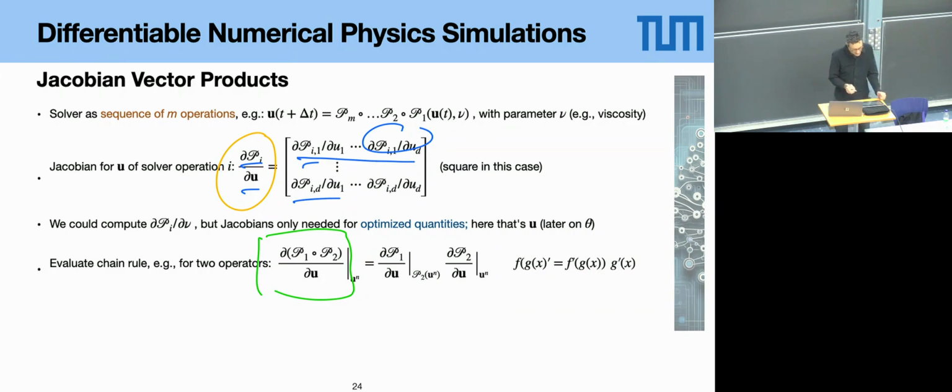As you know from school, f of g of x derived is the outer derivative of f times the inner derivative. That's exactly what happens with the Jacobians. We first compute a Jacobian for g, or P2 here, which represents the g in this example. So on the slide you can find the derivative of P2 with respect to u.